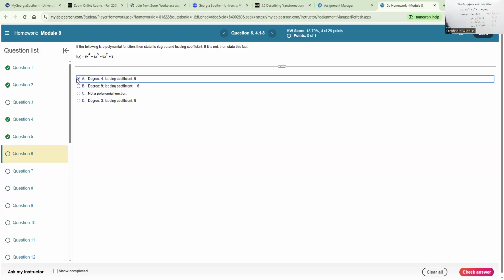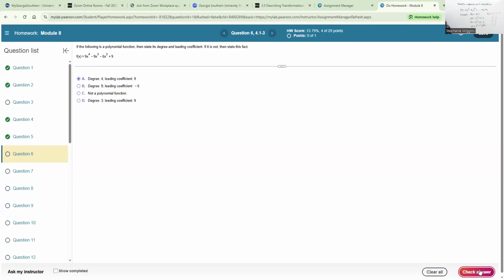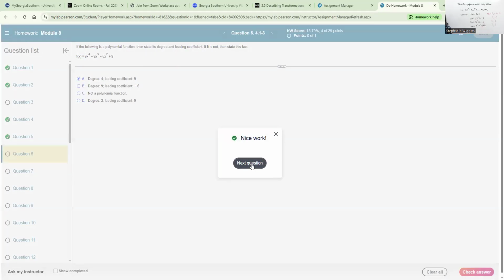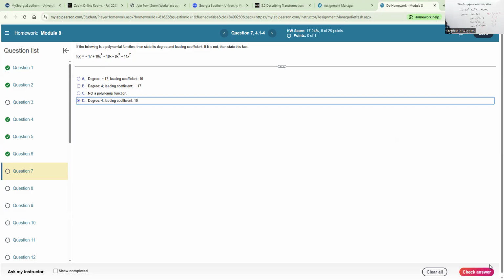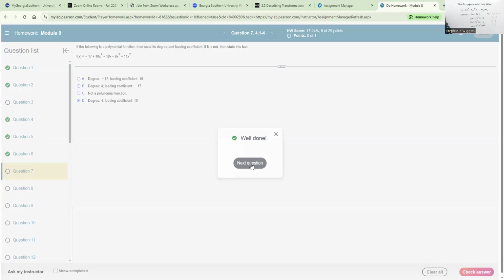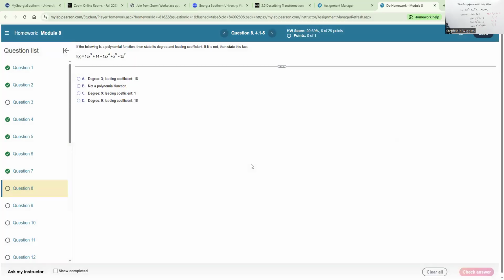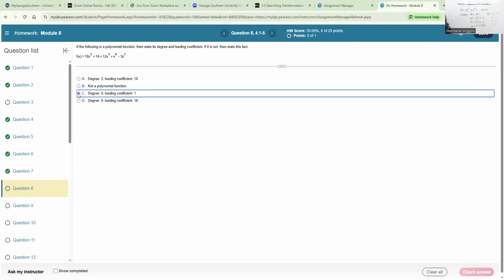Degree is 4, leading coefficient is 9. And notice here they don't have it in the proper order, but yet again, 4 is the highest and 10 is the leading coefficient. Okay, highest power is 9 and 1 is the leading coefficient.